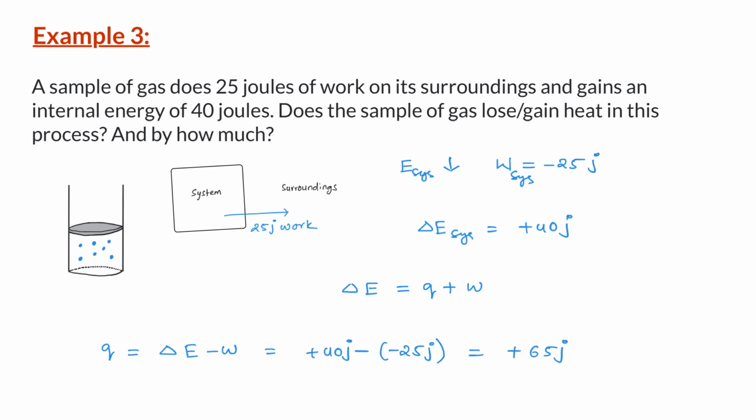So the system should absorb a heat of 65 joules during this process. Again, the positive sign represents that the internal energy of the system is going up during this process. Therefore, the heat is absorbed by the system.